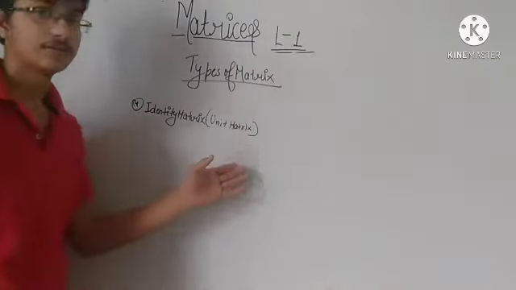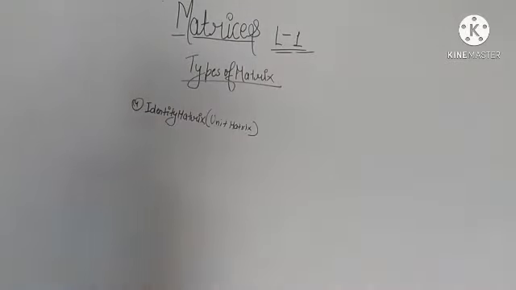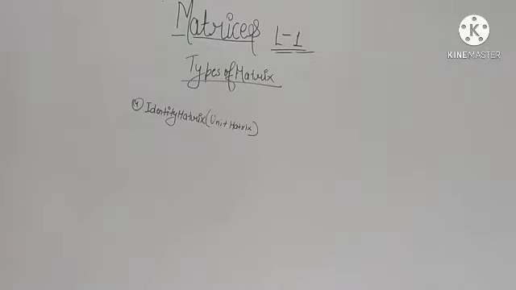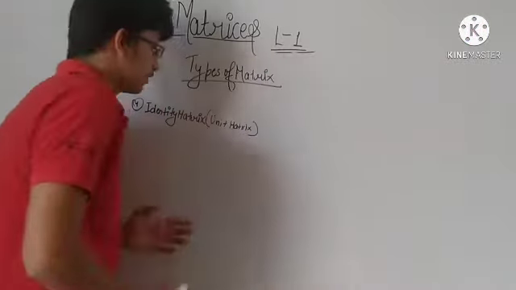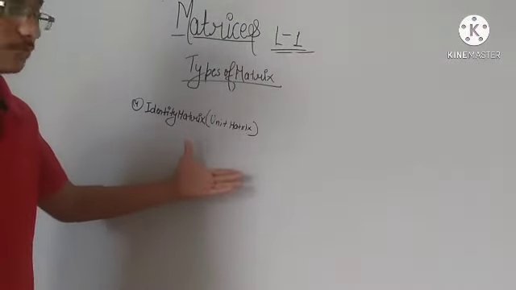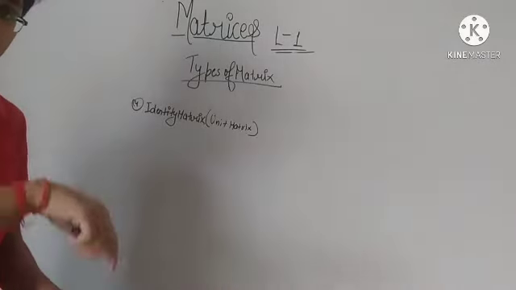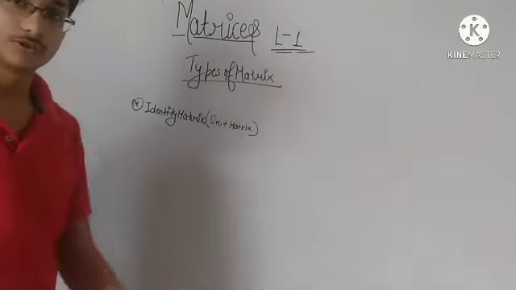An identity matrix is a square matrix having all main diagonal elements as 1 and the other elements as 0.